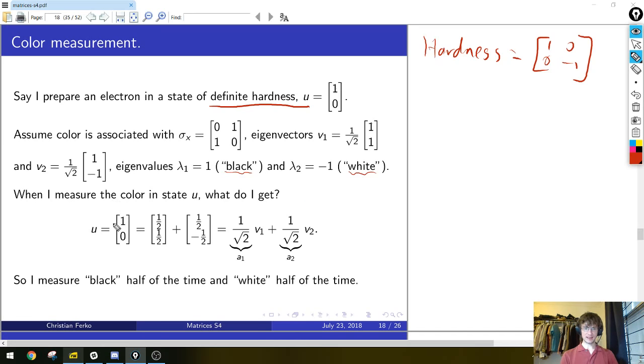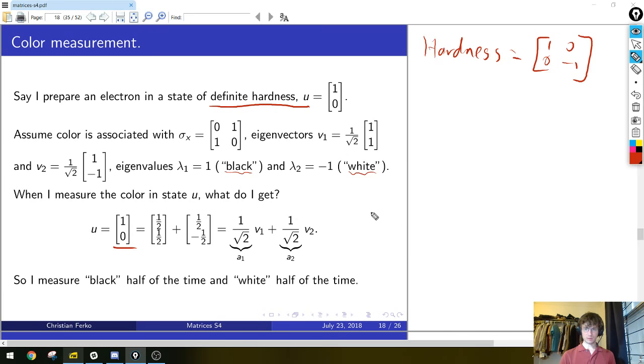So I take the vector u, which is 1, 0, and I simply write it as 1/2, 1/2, plus 1/2, minus 1/2, since adding the top components gives me 1, and adding the bottom components gives me 0. In the way I've written it, the first vector is 1 over root 2 v1, and the second is 1 over root 2 v2.